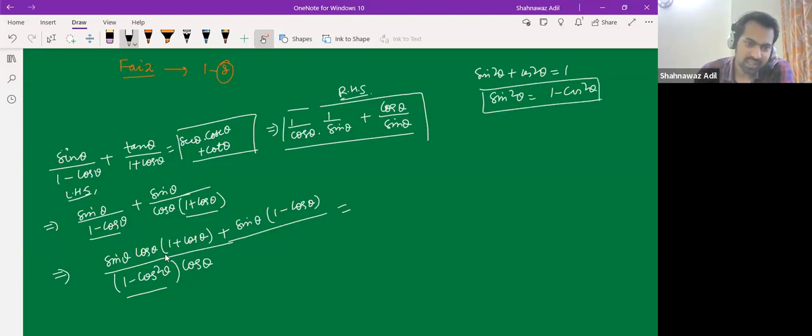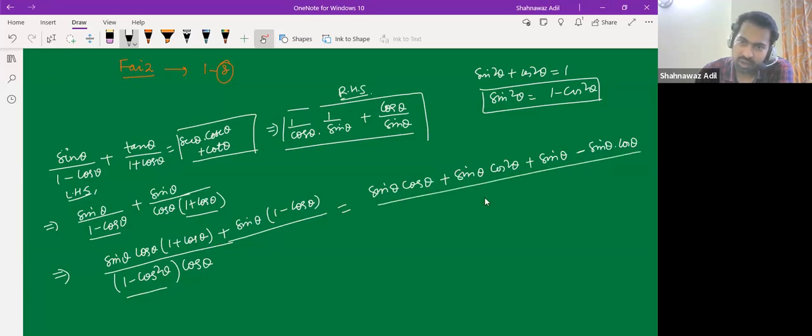Okay, so now let us simplify the numerator first. The numerator is sine theta cos theta, then sine theta into cos square theta, then sine theta, minus sine theta into cos theta.